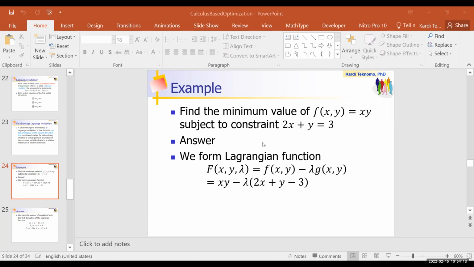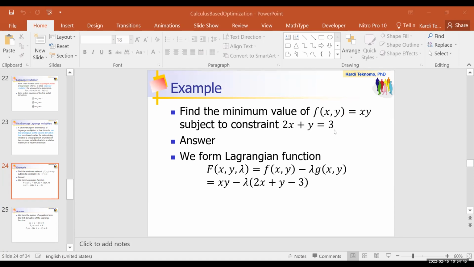So try this. Say you want to minimize the value of this one, f(x, y) equal to x multiplied by y, subject to the constraint of this one. From the Lagrangian function, f(x, y) is xy minus lambda multiplied by this constraint.